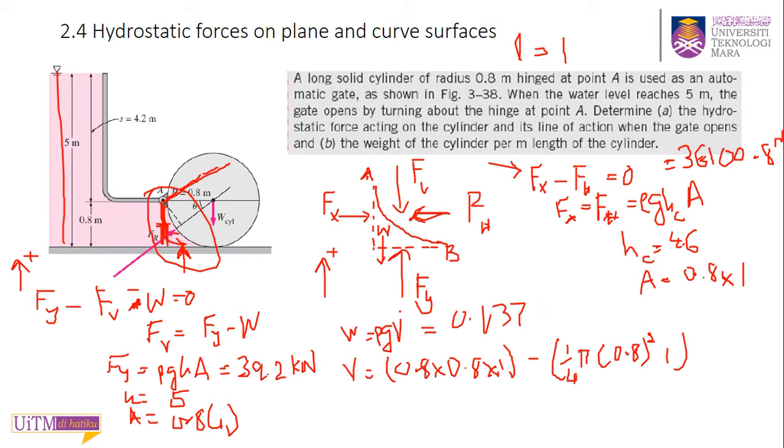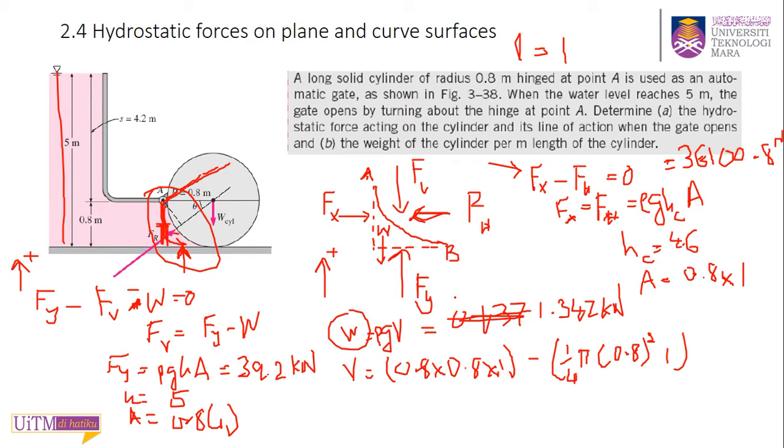Newton. That was V, not W. I want W. Oh, W. Sekejap. This is V. I want W. What is it? 1.347 kilonewton. Ah, okay.